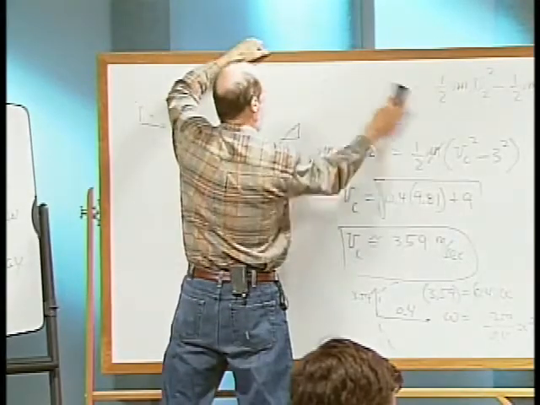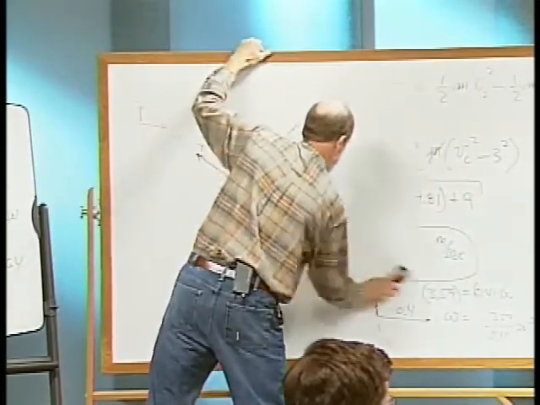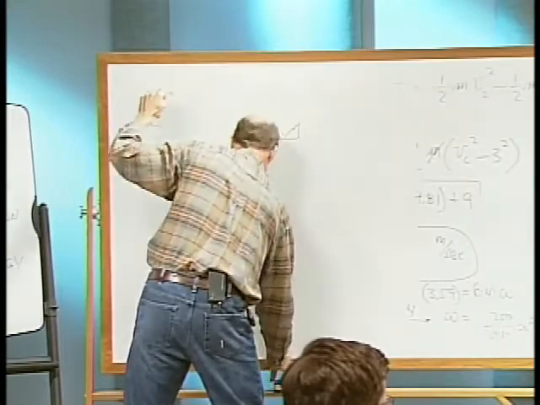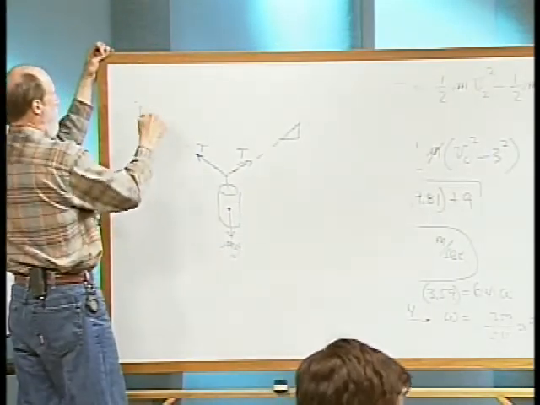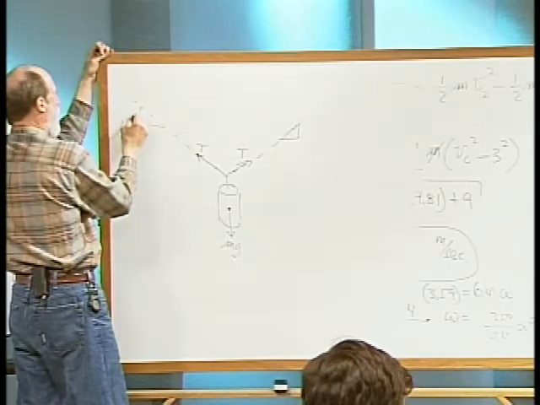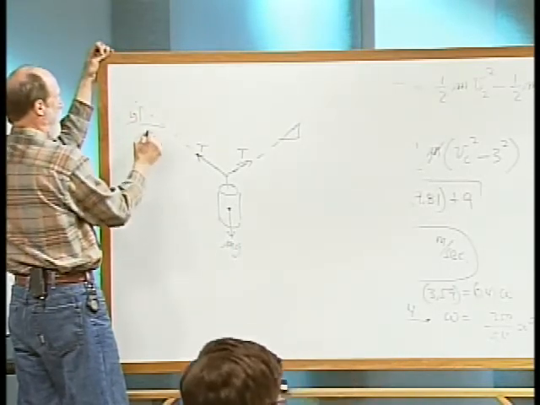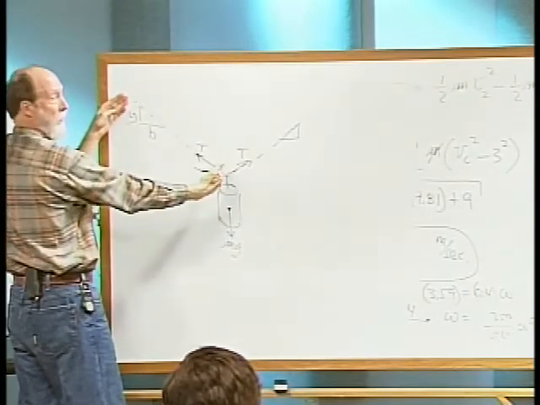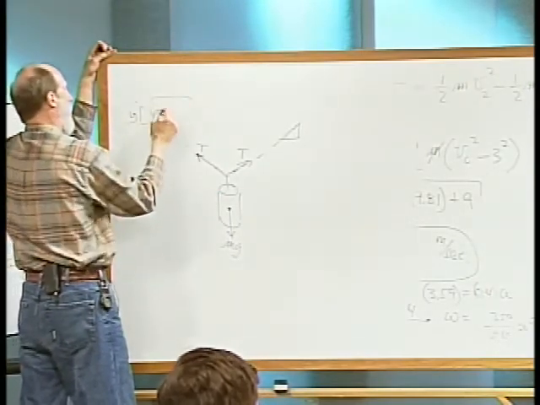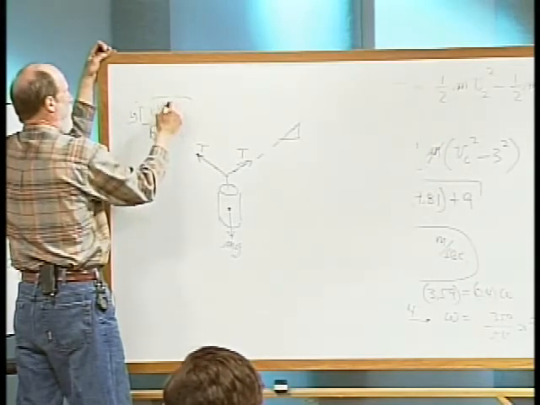That's what I want to point out to you. We have distance y, horizontal distance b, and the overall cable length is the radical of y squared plus b squared.